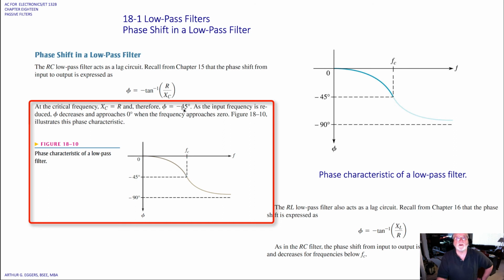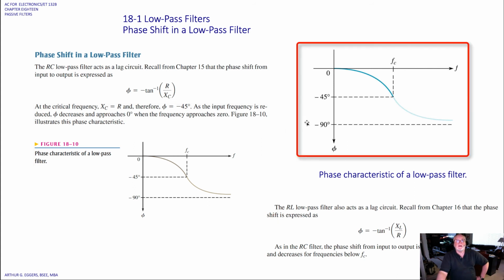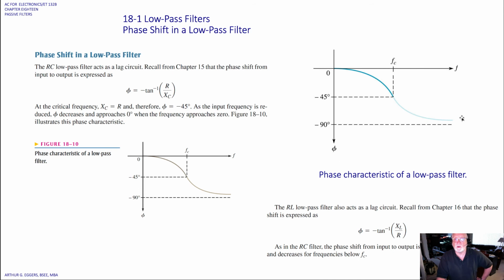As the input frequency is reduced, phi decreases and approaches 0 degrees as the frequency approaches 0. In the figure, we can see that we have a phase characteristic. So you can look at either one of these. If we look over here, F sub C, then we can see that we have a shift occurring from 0 to minus 45, minus 45 to minus 90.